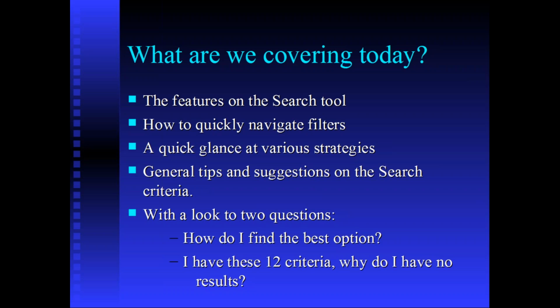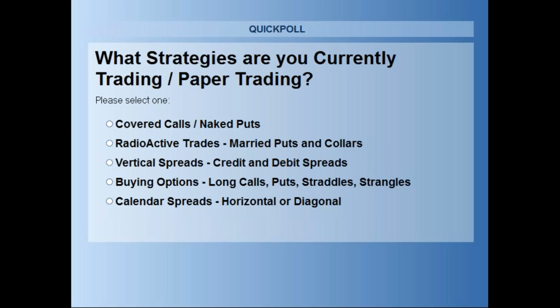Before we switch over to the Power Options suite of tools and get going, I'm going to launch two quick polls. The first, to help gauge the presentation, asks what kind of option strategies you are currently trading or paper trading. Are you mainly looking at covered calls and naked puts? Are you looking at protective positions, married puts, collars?